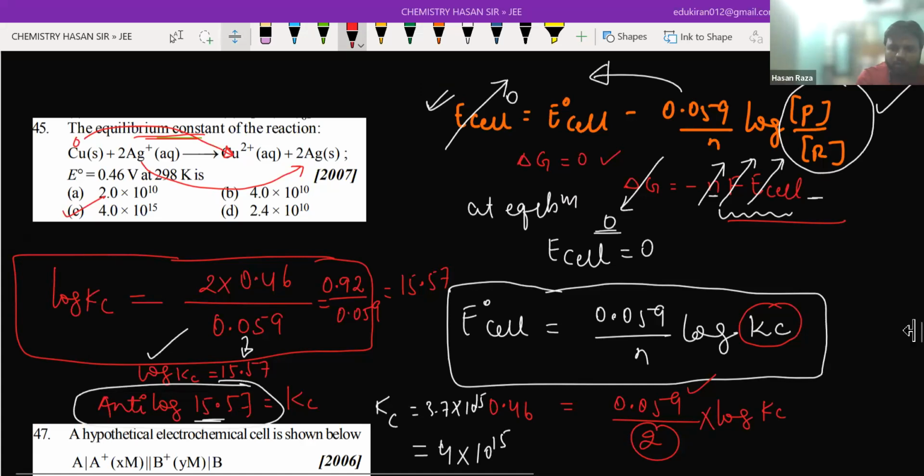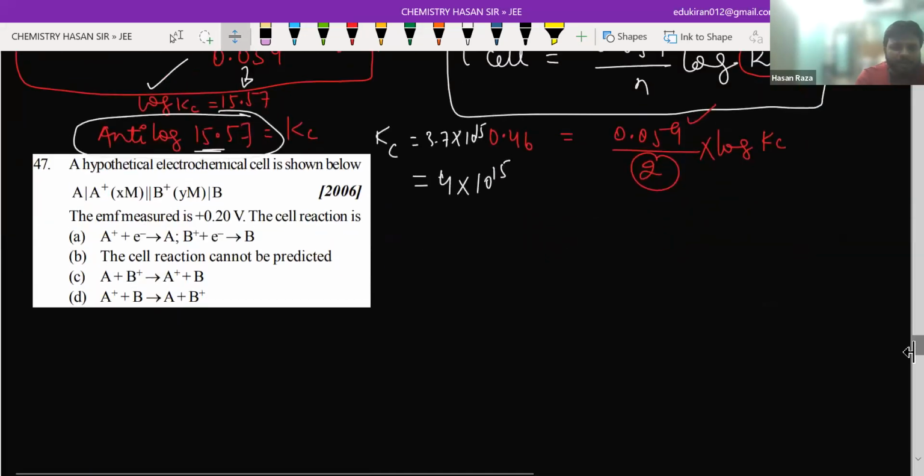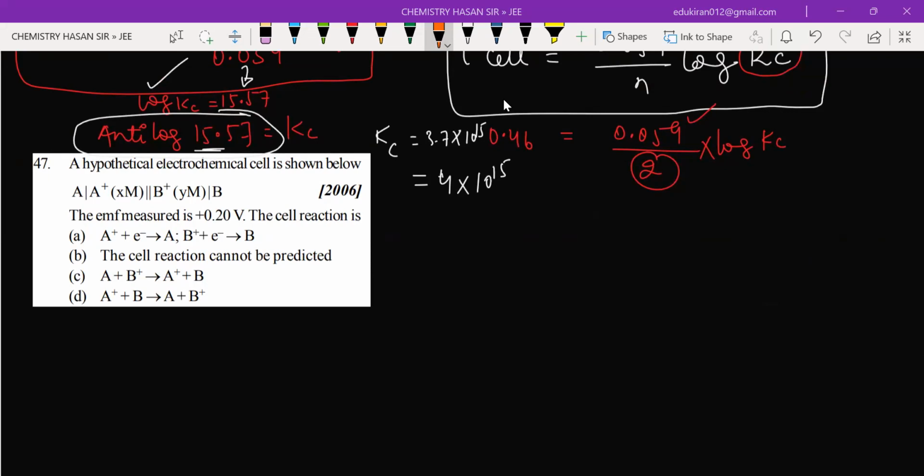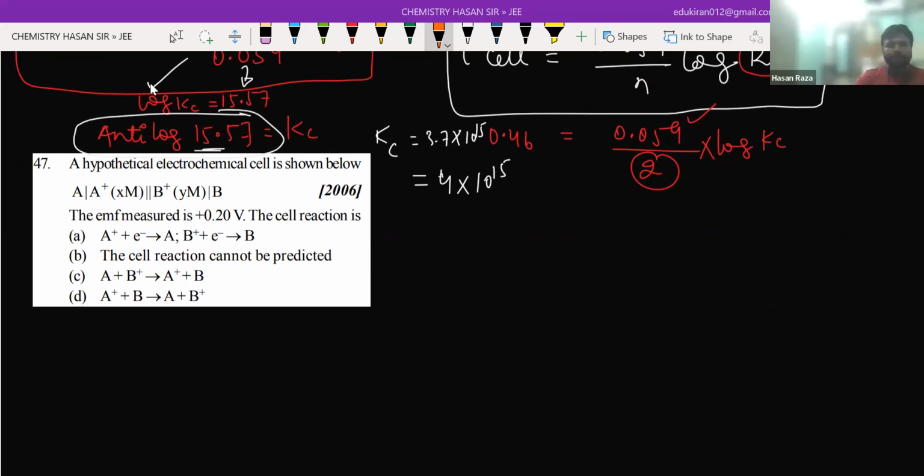Moving to the next question, which is very, very easy. It's basically the representation of cell is given, and you need to write the reaction. So please do solve it. Very easy question.